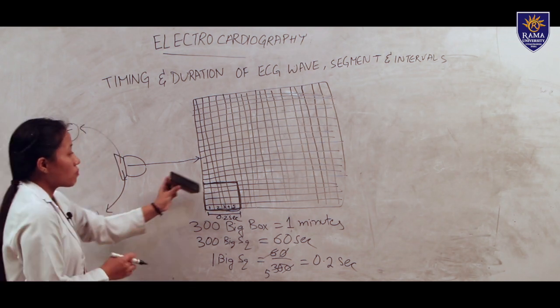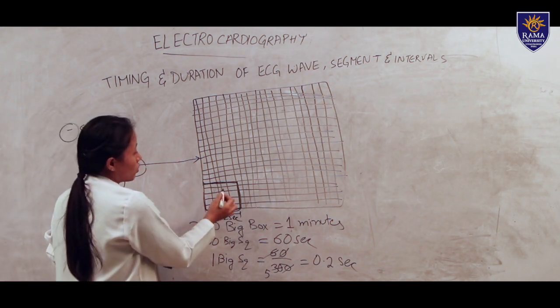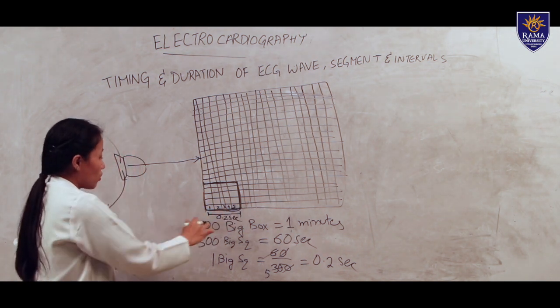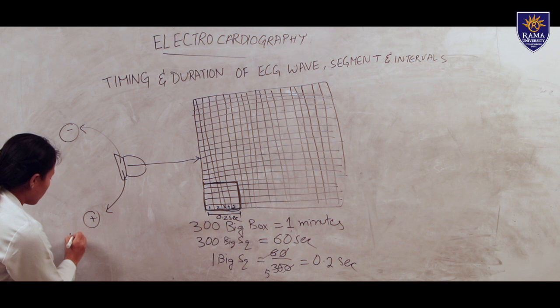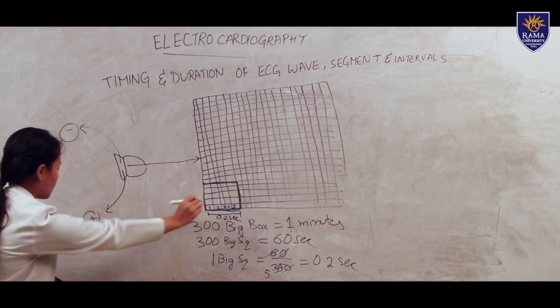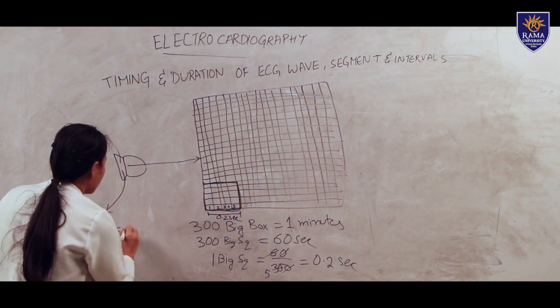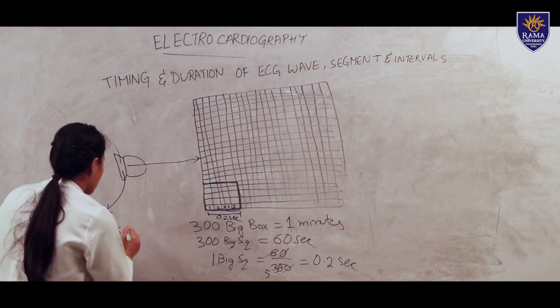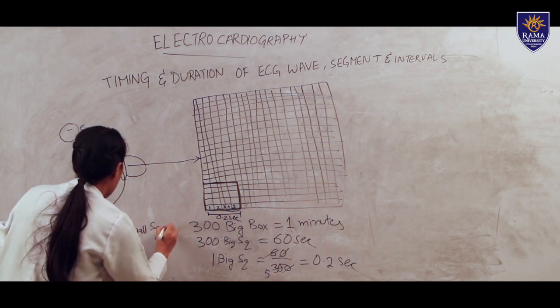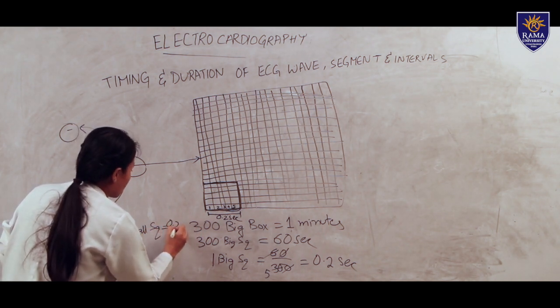In 1 big box there are again small boxes, that is 1, 2, 3, 4, 5. 5 small square boxes are present in 1 big box, and that is equal to 0.2 seconds.